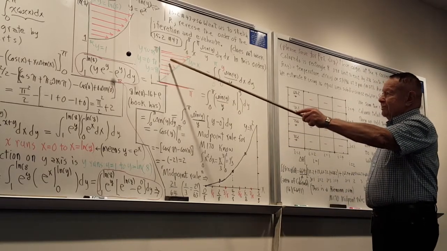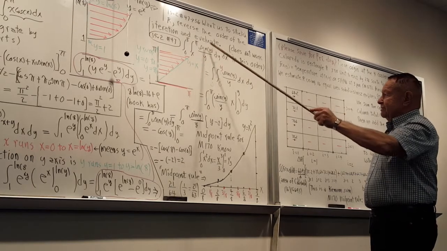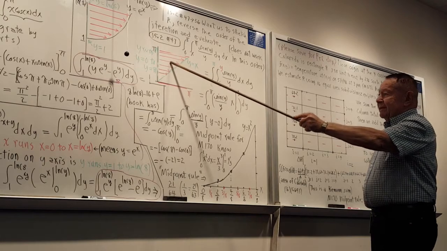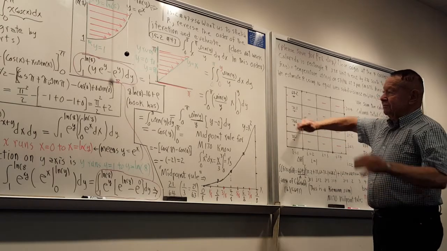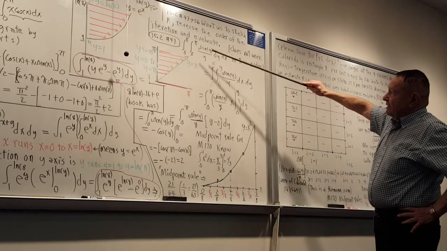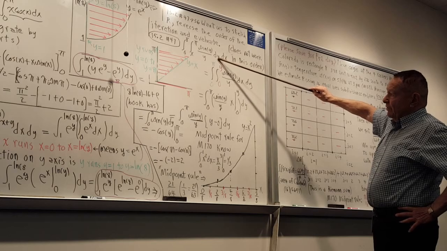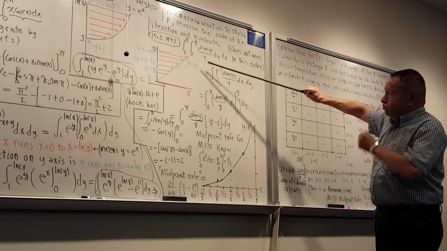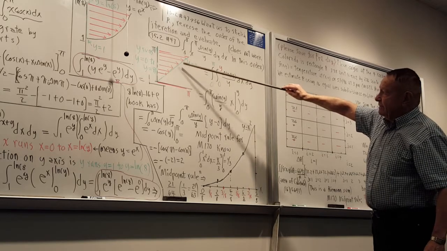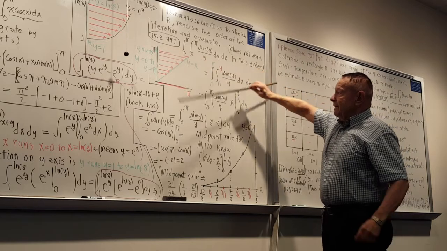Your region is still going to be this triangle. You use your original limits with the original order to decide how the region looks, which now in 47 is this triangle, since the arrows when they were going vertically all started with y equals x and all ended up here with y equals pi.